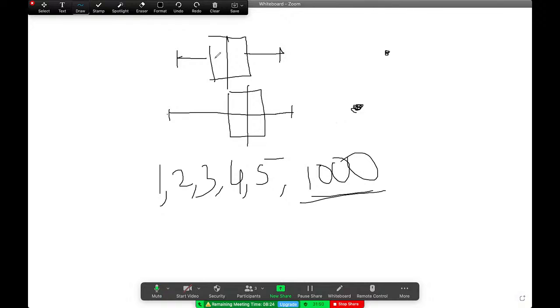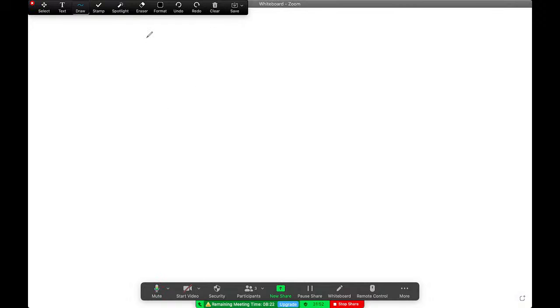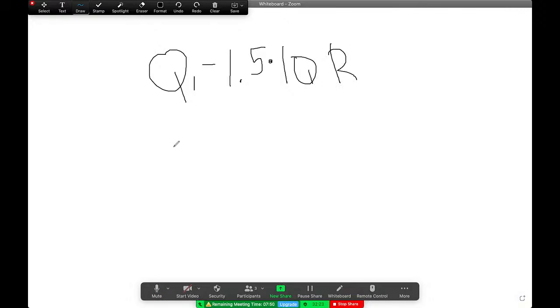So that's what an outlier is, and you can use the IQR to find outliers. Basically, you have to do Q1 minus 1.5 times IQR, and that's the lowest part, where anything below that would be an outlier.